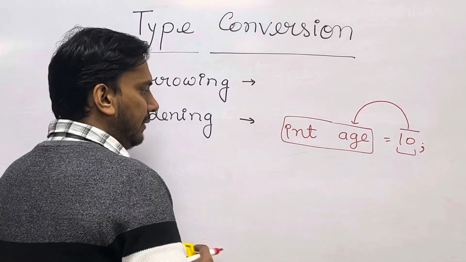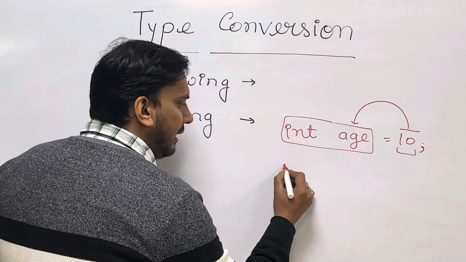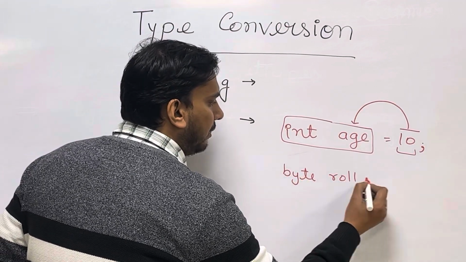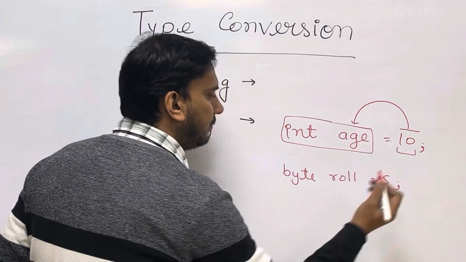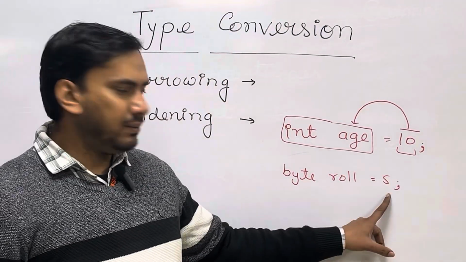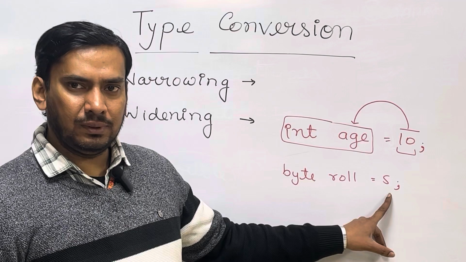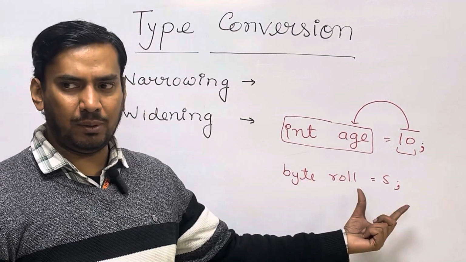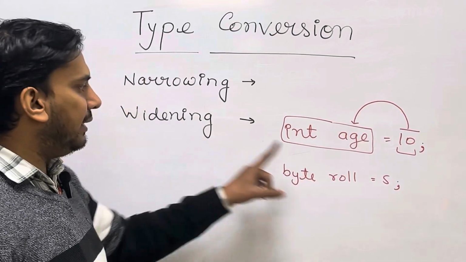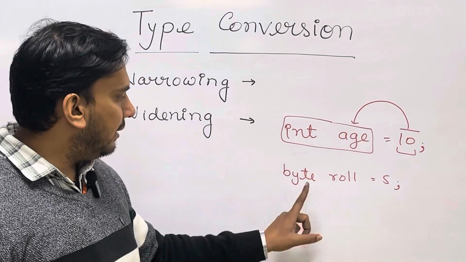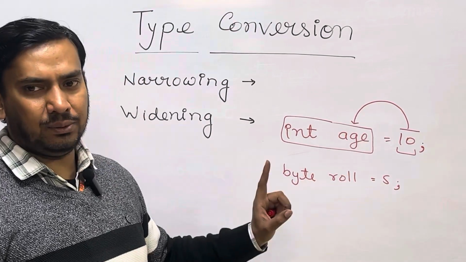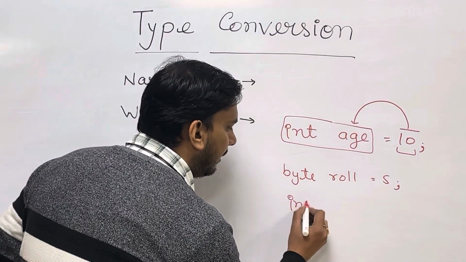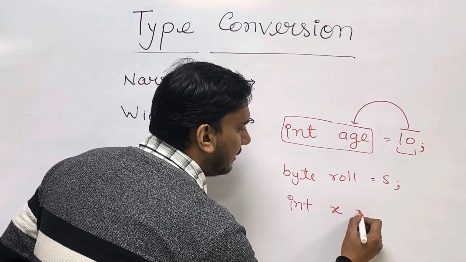The same thing we can discuss with another example. Let's say I have created a variable byte roll is equal to 5. So here 5 is assigned to the roll. Roll is of byte type, no problem, because this value is in the range of byte, so it can be directly assigned to the roll. But later on I say, okay, int x is equal to roll.